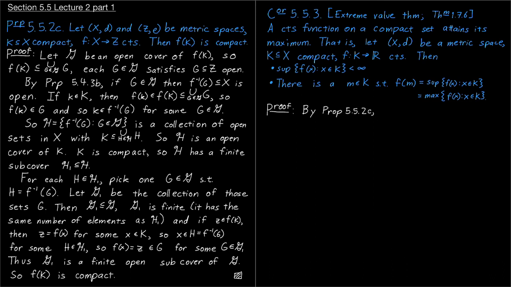By the thing we just proved, f of K, a subset of the real numbers, is compact. And then by proposition 5.5.2a, we have that f of K, which is compact, is closed and bounded.